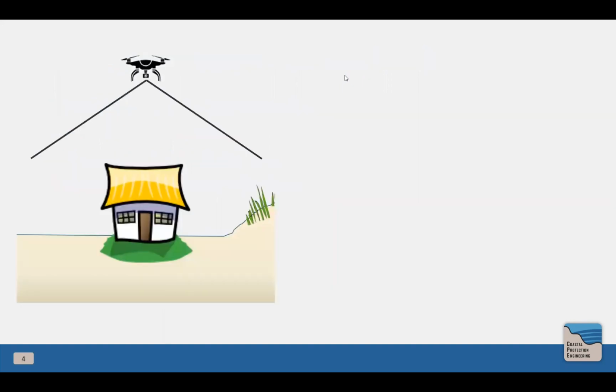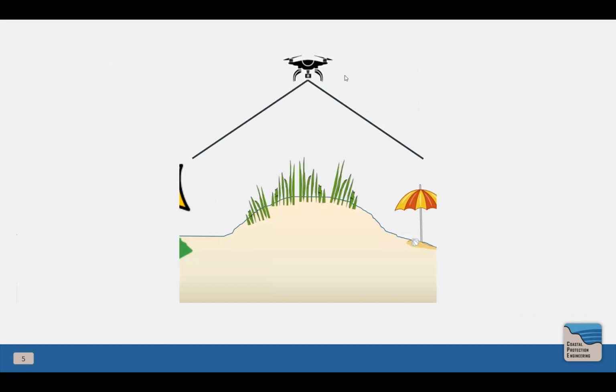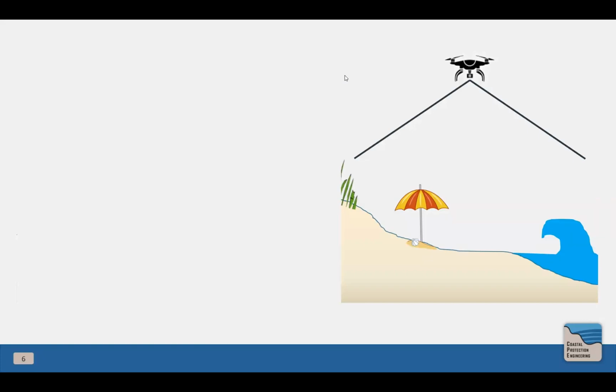So when we put the drone up, we just take individual photos. Those individual photos can be useful, but it is better if we can merge multiple photos into one large orthomosaic image.